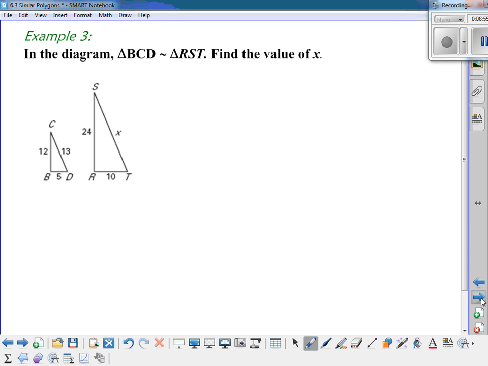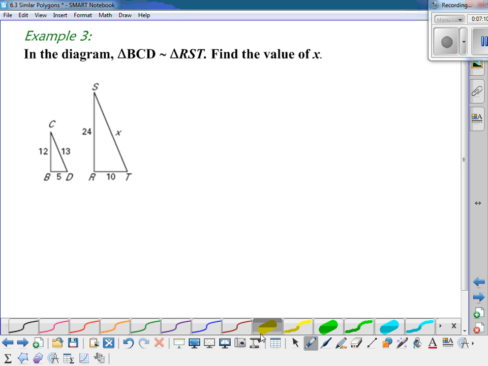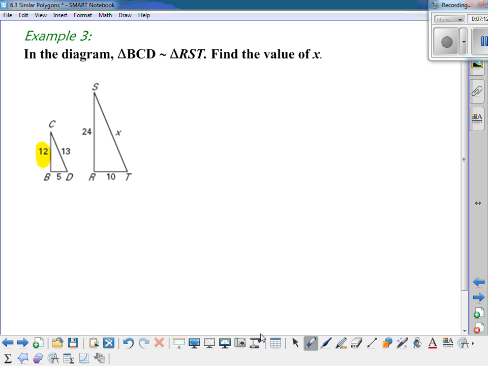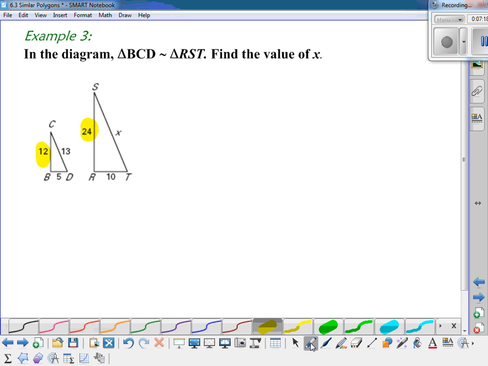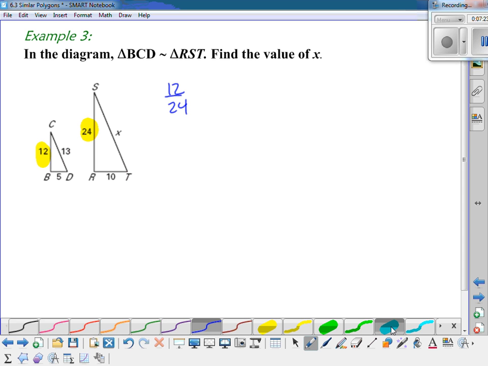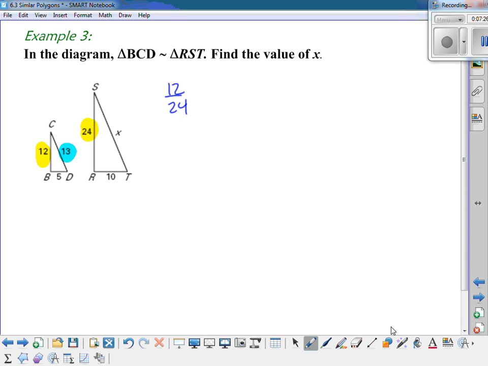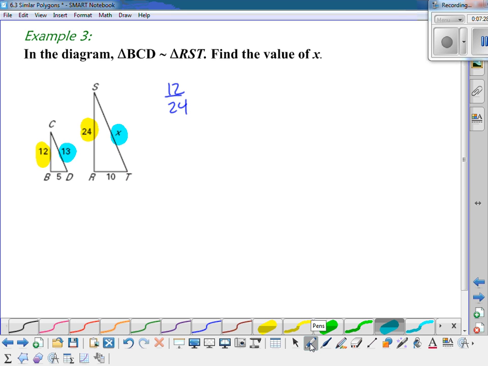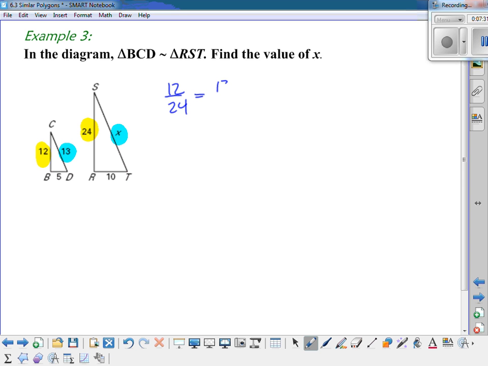All right, in example 3, I'm told that triangle BCD is similar to triangle RST, and we're going to find the value of x. So again, I want to look at what's corresponding. CB corresponds to SR, so that would be 12/24, and then 13 corresponds to the x, so that has to equal 13/x.